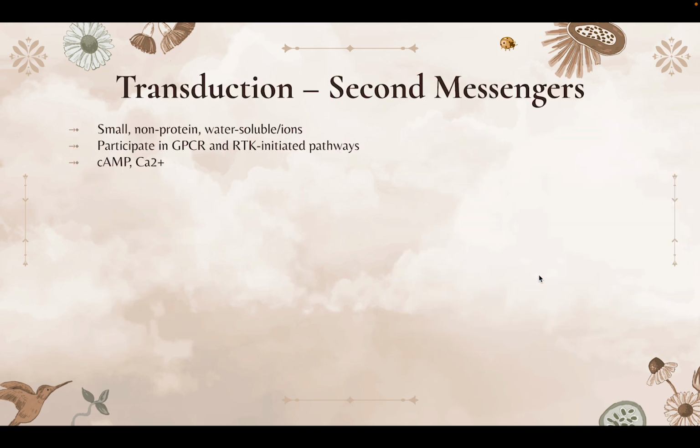Alright, so let's talk about these things called second messengers, which are really important in transduction. They're small, non-protein, water-soluble molecules or ions, and they participate in both GPCR and RTK pathways. We're going to talk about two examples, cAMP or cyclic AMP, and calcium ions.